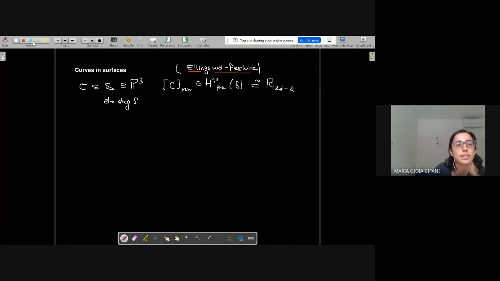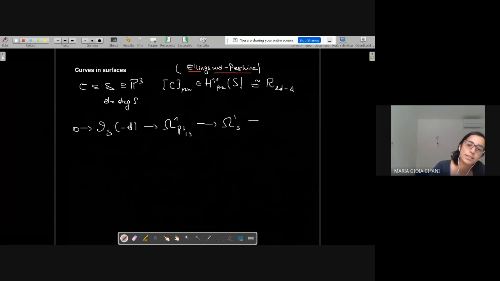That should be an S. It doesn't look like an S. We will rewrite this isomorphism here, starting from the cotangent bundle sequence. So O_S(-D), where D is the degree of S, X before, and C the Y before, to the Omega^1 of P^3 restricted to S, to Omega^1 of S.